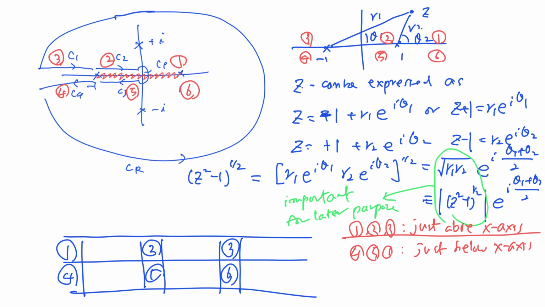How about the angle theta 2? Zero, right? Theta 1 is 0, theta 2 is 0.